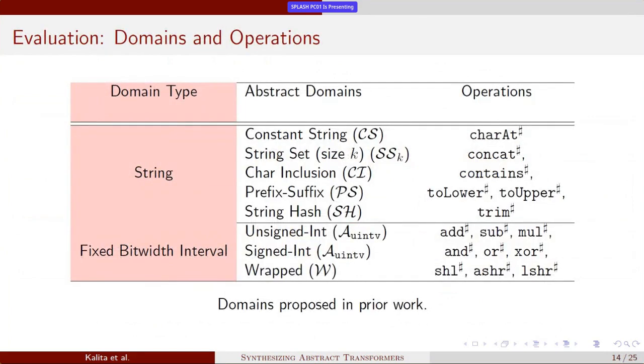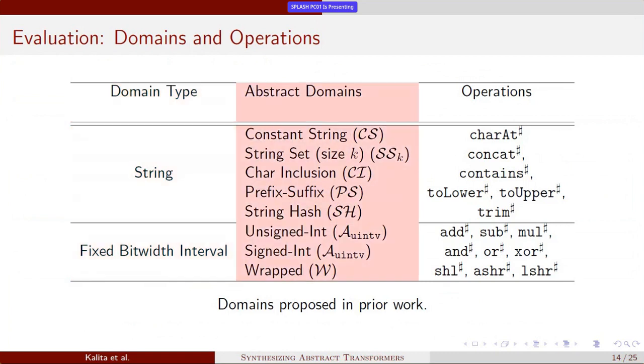Now, let's talk about the evaluation, what we did. We have done two case studies while trying to synthesize transformers. The first one is on the string domain, and the second one is fixed bitwidth interval. In the string domain, we have looked into 5 domains: constant string set, character inclusion, prefix, suffix, and string set.